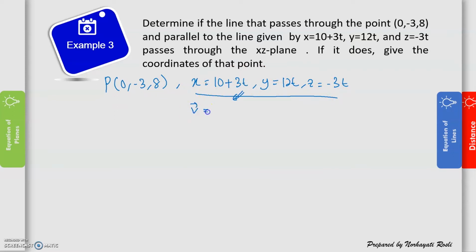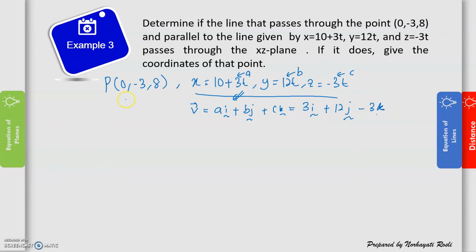So vector v is given by ai plus bj plus ck. We need to identify a, b, and c. From this, a is 3, b is 12, and c is negative 3. So we have 3i plus 12j minus 3k.